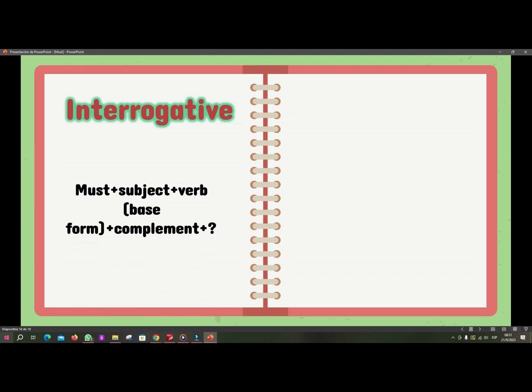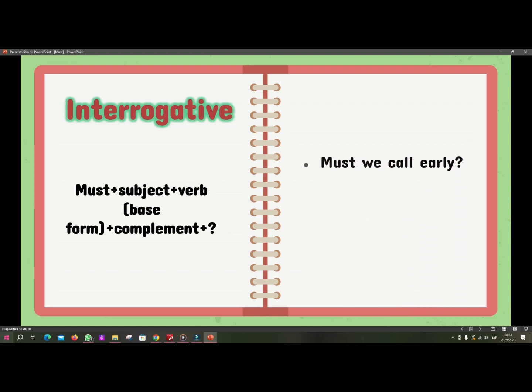Also, interrogative. We can have yes/no questions using must, right? First, you're going to have the modal verb, then the subject, plus the verb in the base form, plus the complement and the question mark.